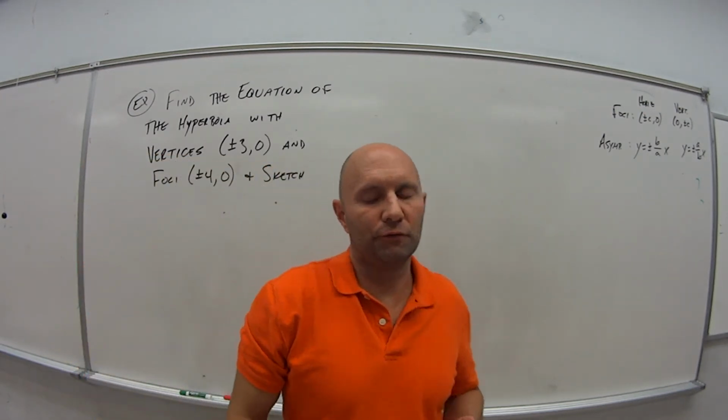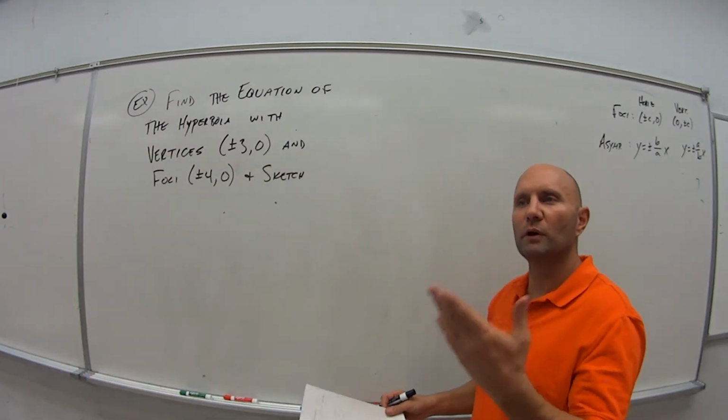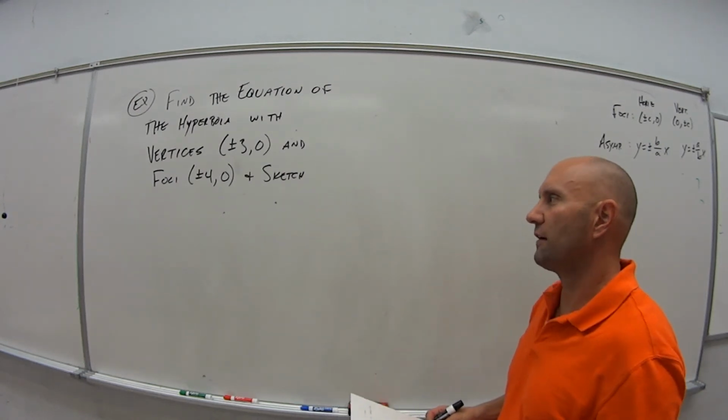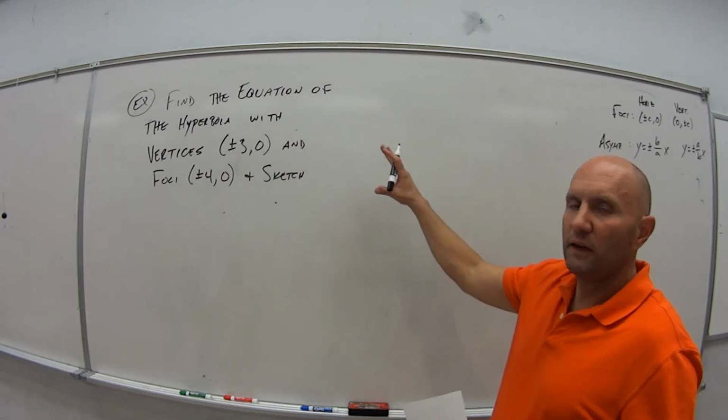I know it's a little different from the first problem we did. There we were given an equation, we had to figure out this information and then sketch it after that. See if you guys can try this.